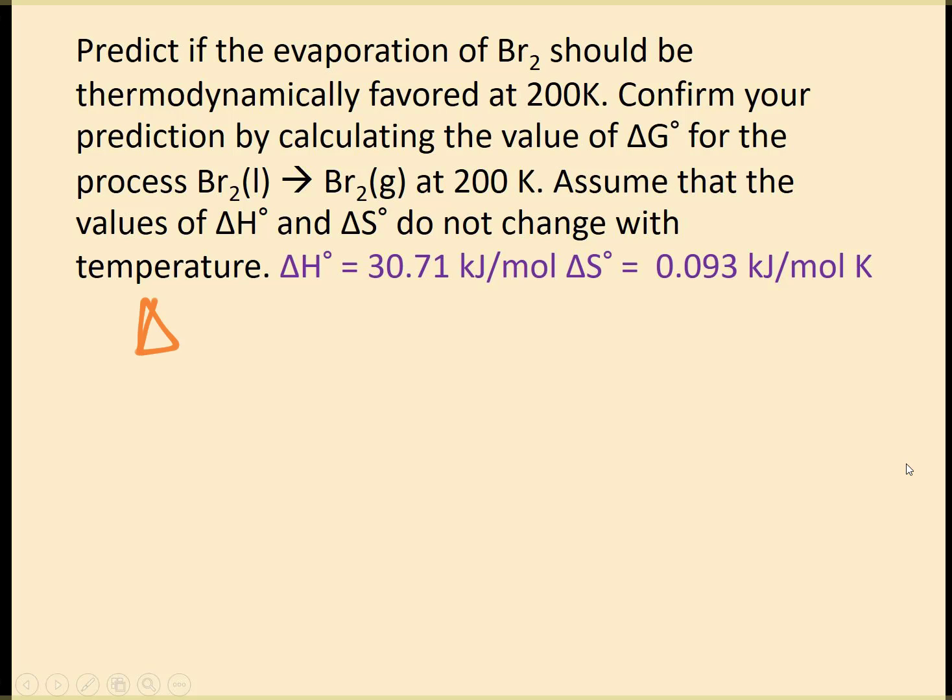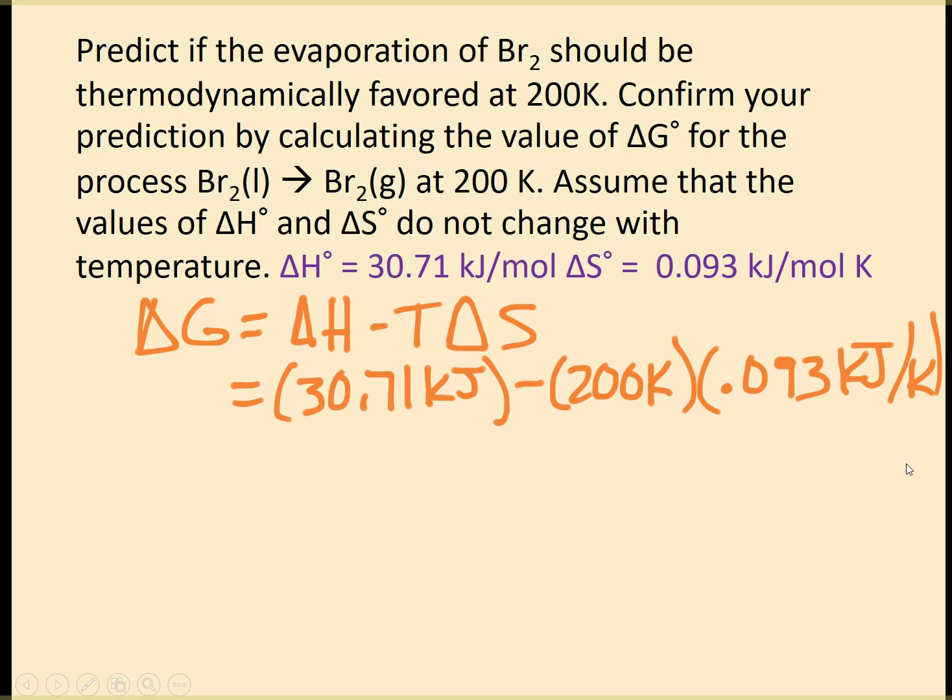So write the formula, and we will replace those values that we found before. Make sure that your temperature is in Kelvin, and then let's go ahead and do the math, and we get a positive 12.1 kilojoules. And because our delta G is positive, then we know that it is not thermodynamically favorable.